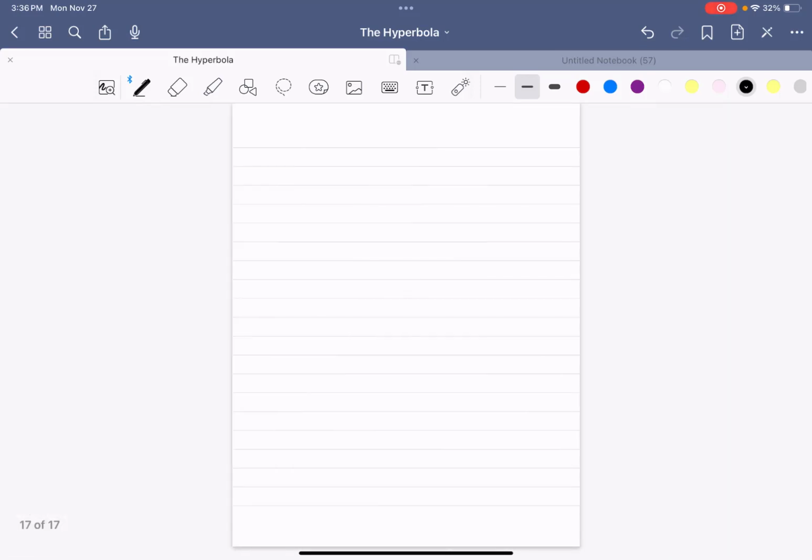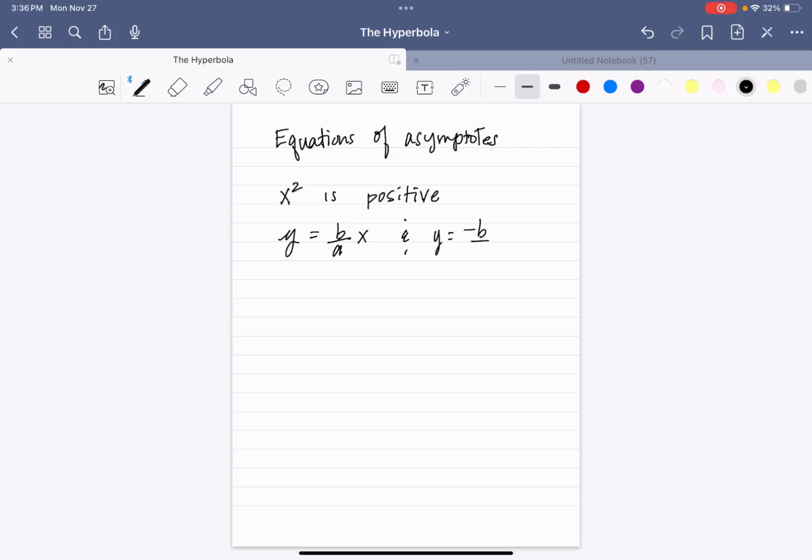Now the last thing is the equation of the asymptotes. These are pretty easy also. So if x squared is positive, then there are two of them: y equals b over a times x, and y equals negative b over a times x.